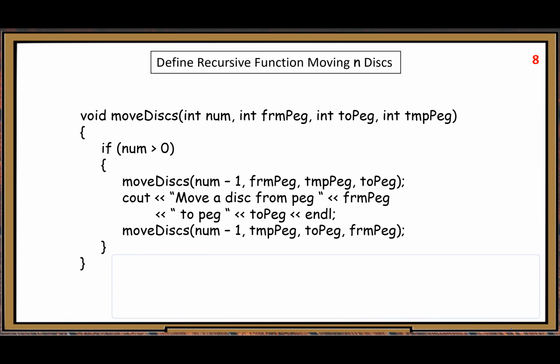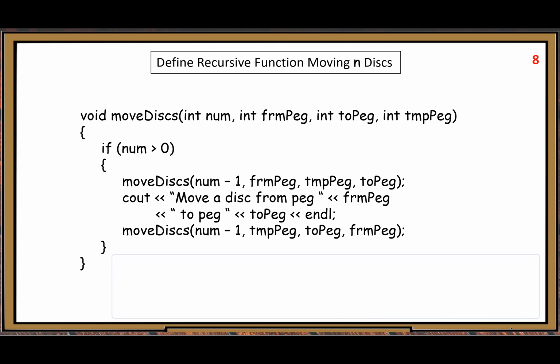N disks, the number n, first parameter. After the first parameter, the last 3 parameters are the numbers for the 3 pegs, peg 1, peg 2, peg 3.